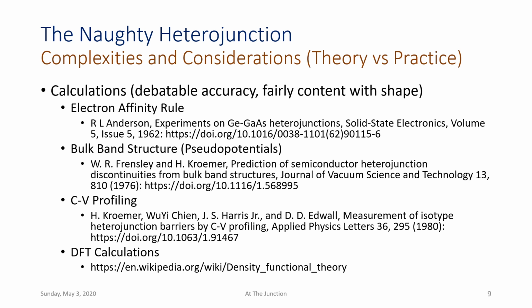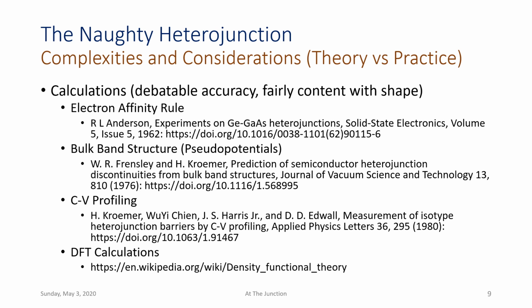Another method is based on the bulk band structure introduced by Frensley and Kromer in 1976, which makes use of three different pseudopotentials found in the bulk of a semiconductor to predict the discontinuities at the heterojunction.